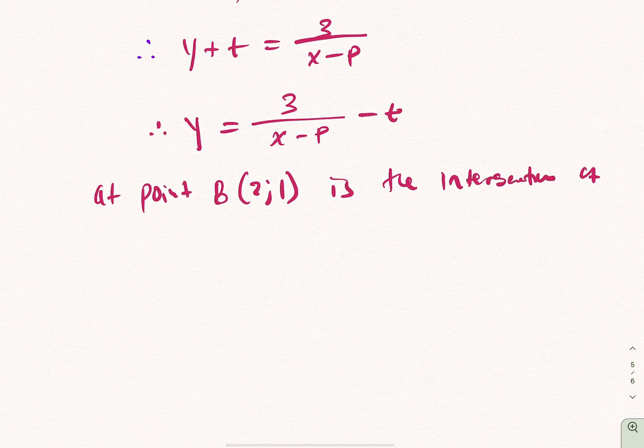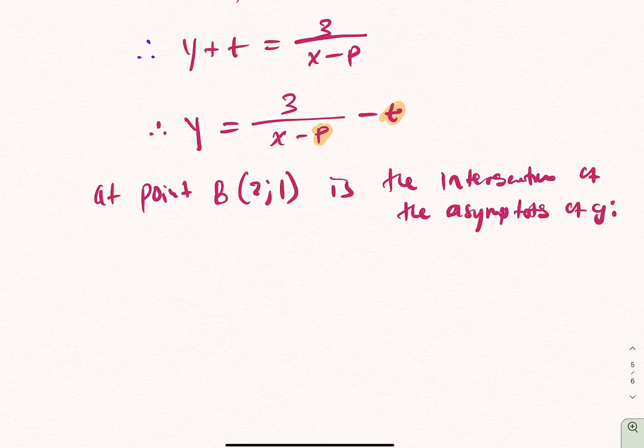It's the intersection of what? Of the asymptotes of G. What are your asymptotes? We are talking about these ones. These ones are your asymptotes. And even that T there is your asymptote.